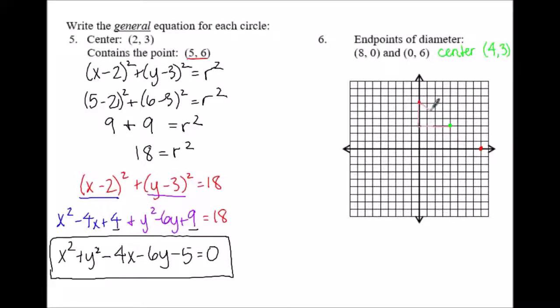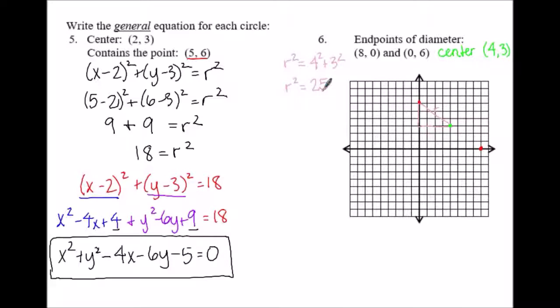So my radius would be the hypotenuse of that right triangle. And that would mean that r squared is equal to 4 squared, which is this side, plus 3 squared. When you go ahead and do that arithmetic, you end up with r squared is equal to 25.